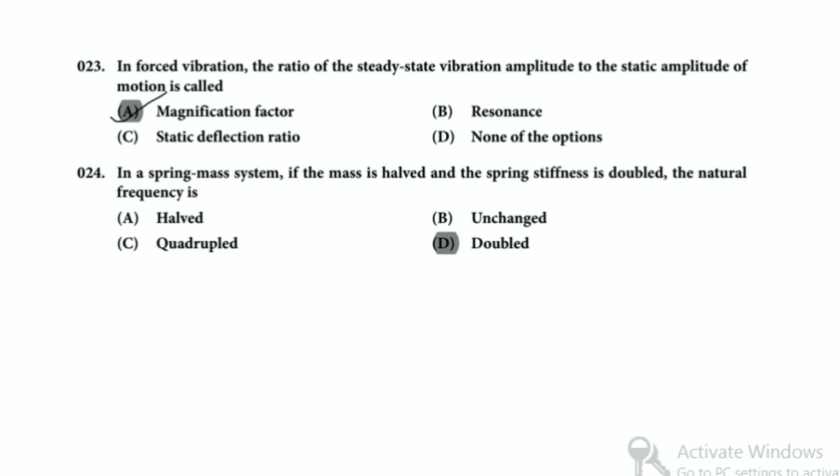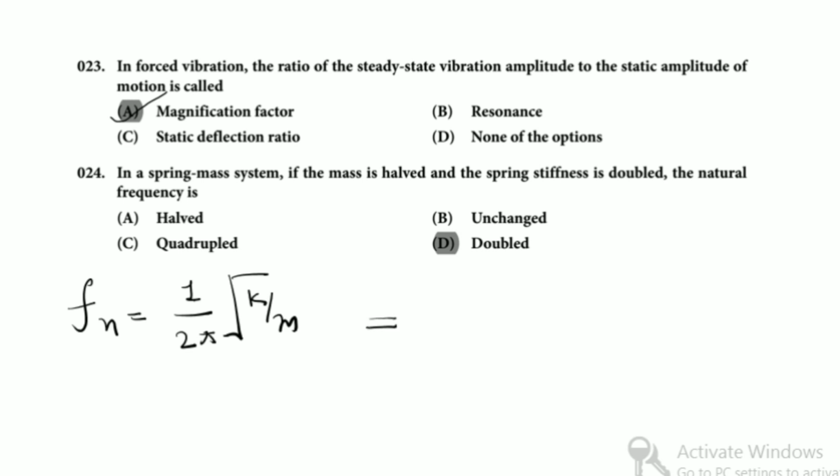Question number 24. In a spring mass system, if the mass is halved and spring stiffness is doubled, the natural frequencies. If you know the equation for finding the natural frequency, then you will be able to find out the answer. So Fn is equal to 1 upon 2 pi under root of k upon m. Here spring stiffness is to be doubled and mass is to be halved.